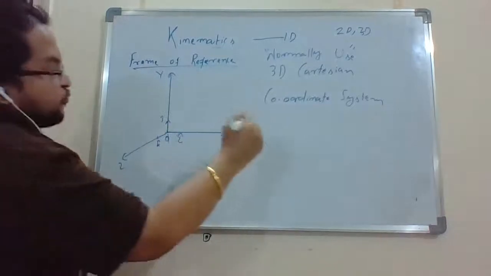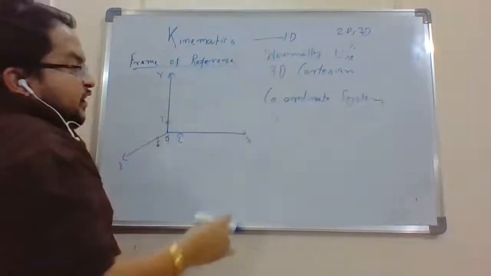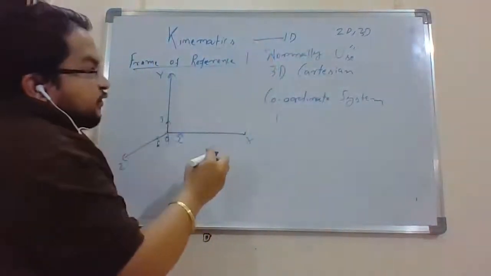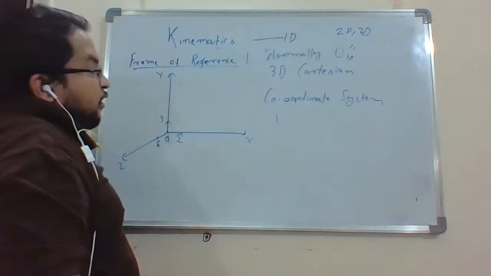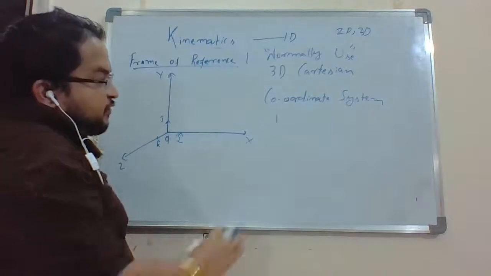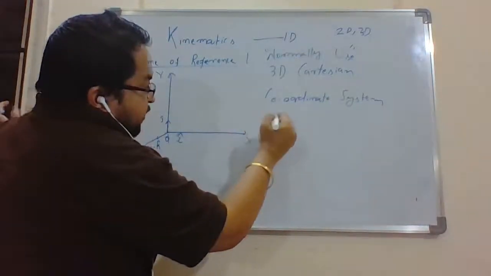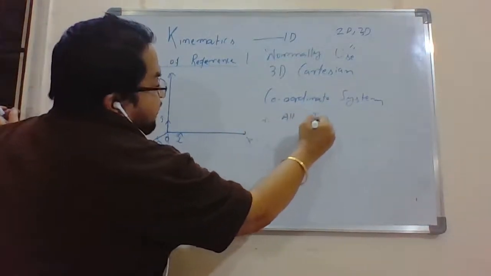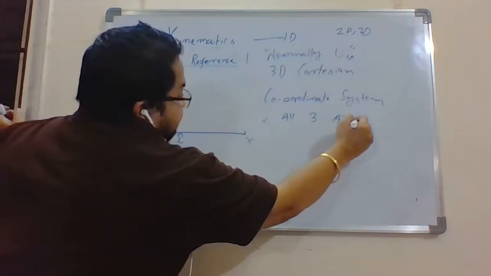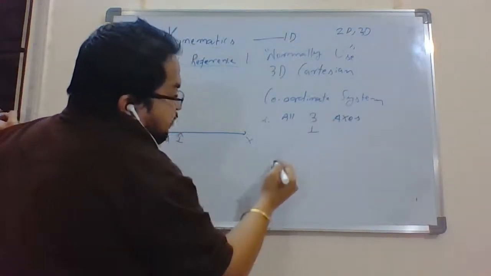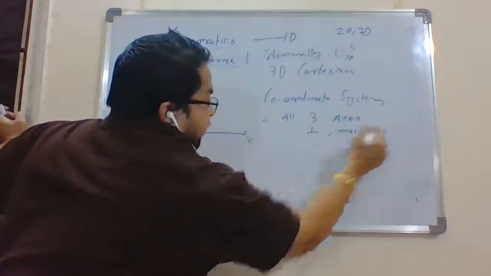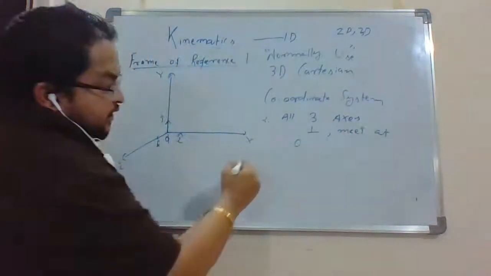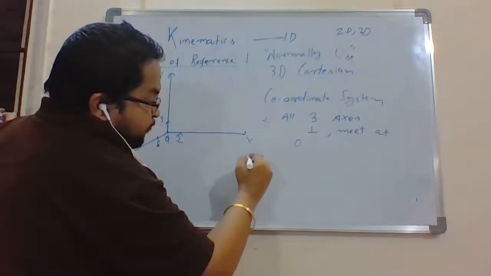So first point, normally we use the three-dimensional Cartesian coordinate system as our most conventional frame of reference. Second point, all the three axes are perpendicular to each other and they meet at the origin O, right? Third thing is very, very important.